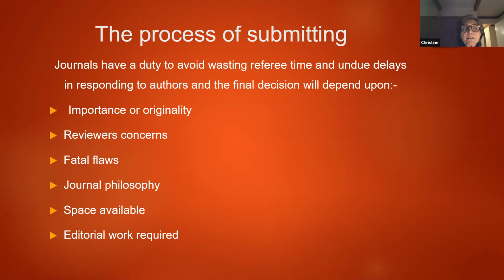Space available, any editorial work that's required. So this is what the final decision of the editor will depend on. So you want to try to make sure that you have addressed these things initially. Again, it's okay. You don't have to have the perfect paper, but you will get feedback from the referees.